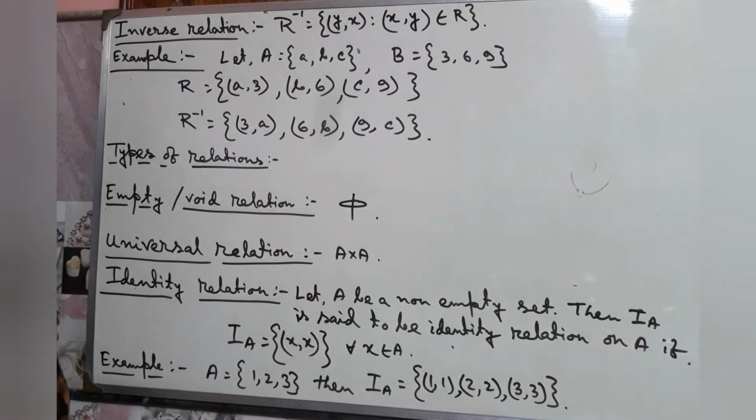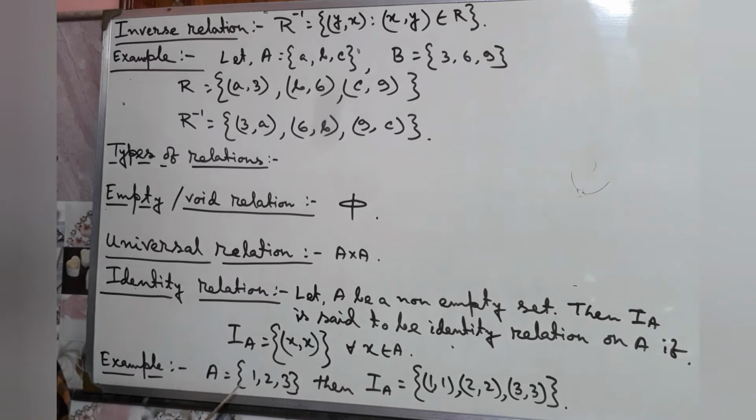Next, the identity relation. If A is a non-empty set, then the identity relation is symbolically represented as I_A. This I_A will be an identity relation if I_A consists of the elements (x,x) for all x belonging to A. Let us see one example.